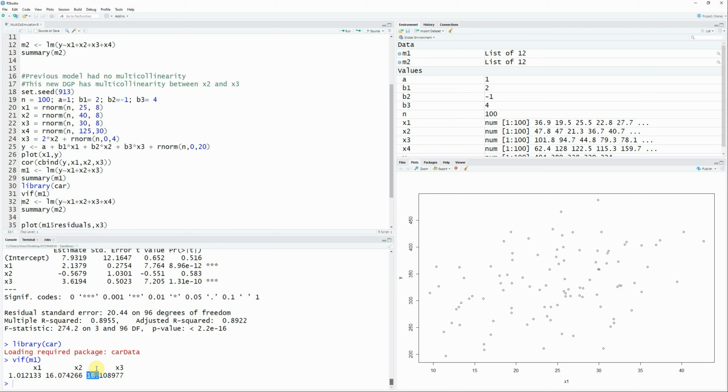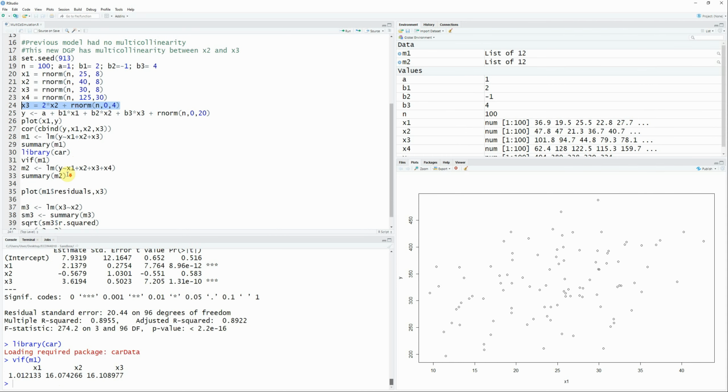But usually when you get VIF values greater than 10, that's problematic. Between 5 and 10, it's something that you need to consider. But less than 5, you're usually fine, but again, usually. So here we can see that the VIF for x2 and x3 are 16. They're high numbers, and they're showing that we have a case of multicollinearity between those two vectors.